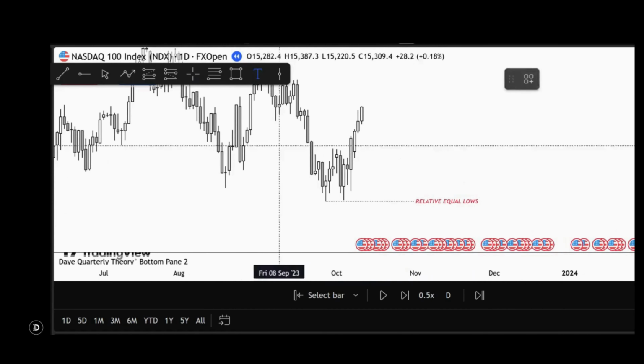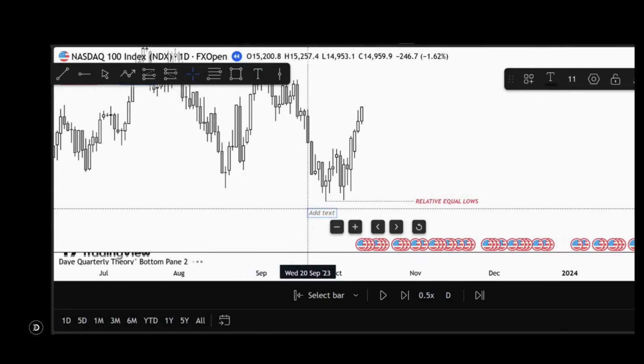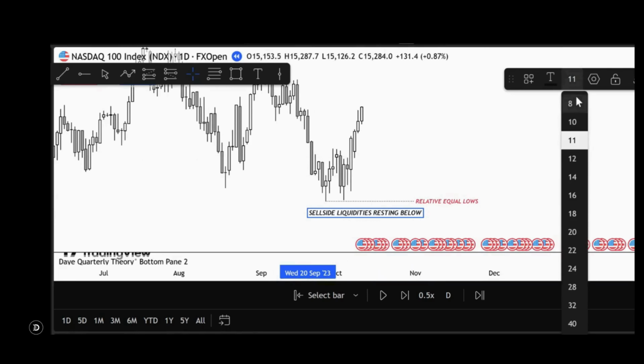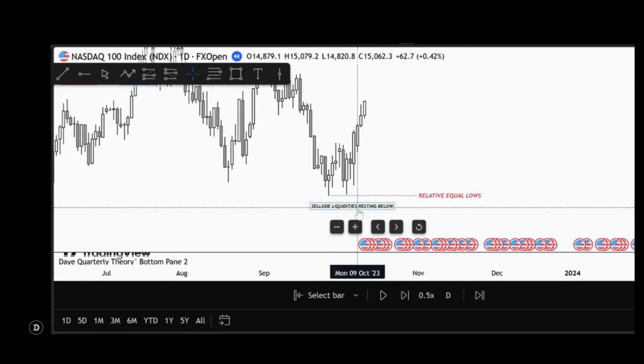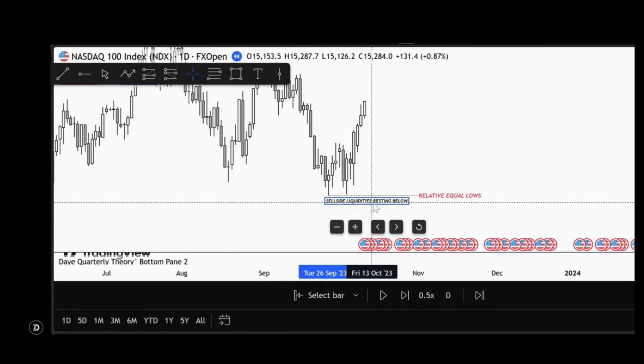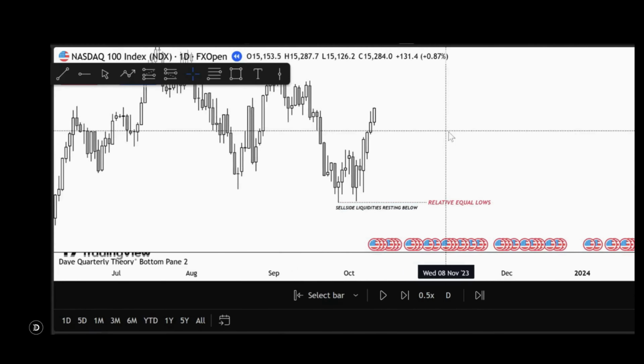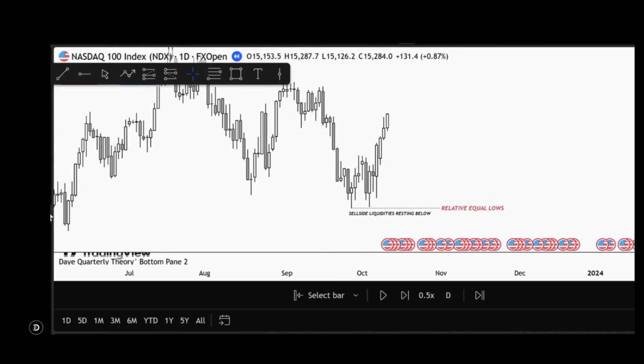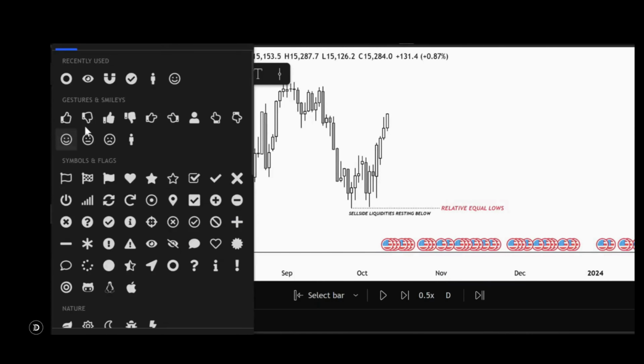The market could do it if it wanted to, but the ideal thing to expect is that when the market is about to take out buy side liquidities, it first takes out opposing liquidities. So it takes out sell side liquidities resting below old lows, and then begins to gravitate towards that initial draw on liquidity it had on the day.